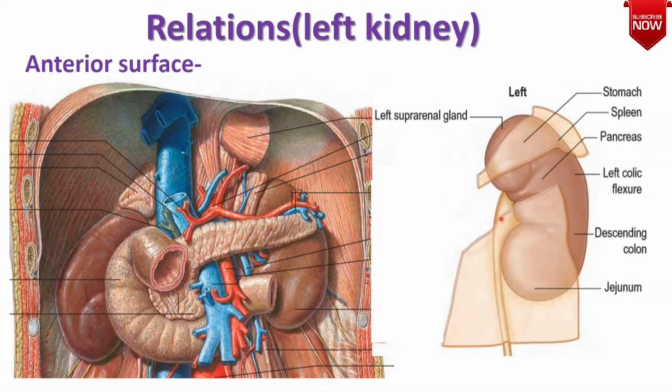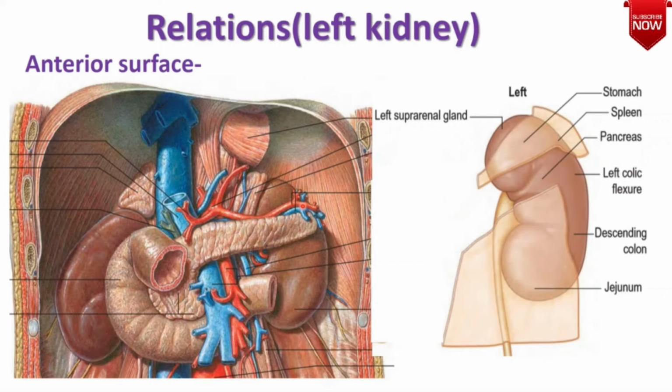Here you can appreciate the upper pole is the relation of the left suprarenal gland. Then this part is related to the stomach. And here are the splenic vessels, and splenic vessels run behind the stomach. So this part will be related to the stomach.